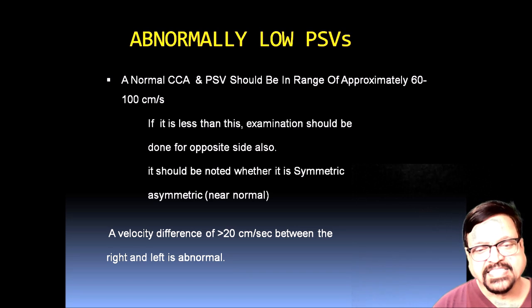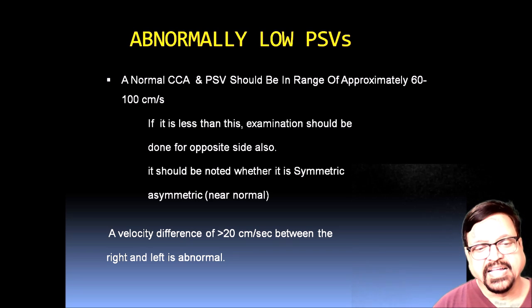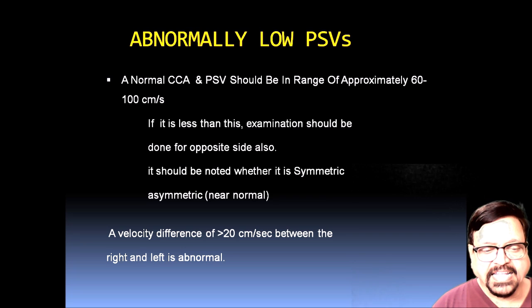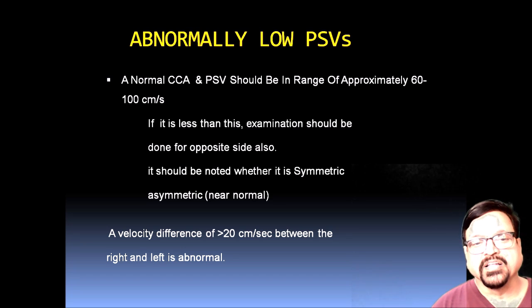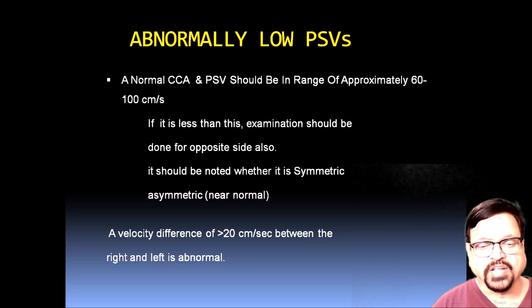If it is less than this, examination should be done for the opposite side also, for comparison. It should be noted whether it is symptomatic or asymptomatic. Now that is a clinical correlation. A velocity difference of more than 20 between the right and left side is abnormal. So go for the difference in peak systolic values.